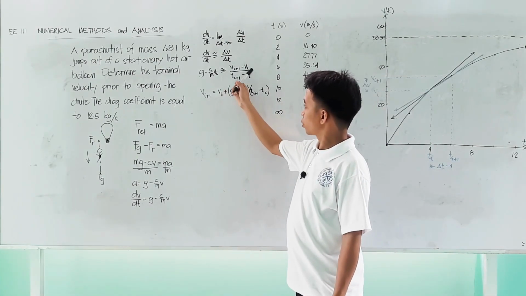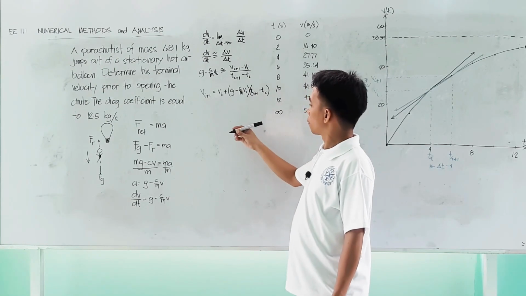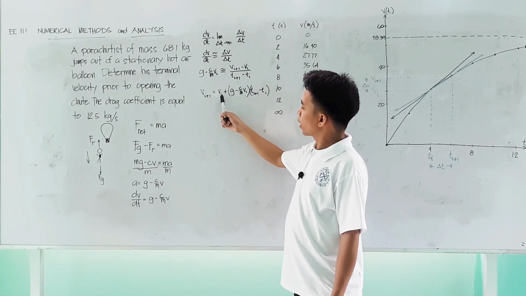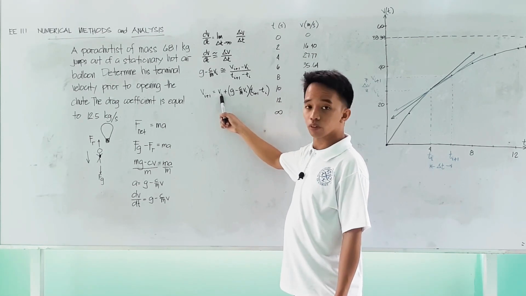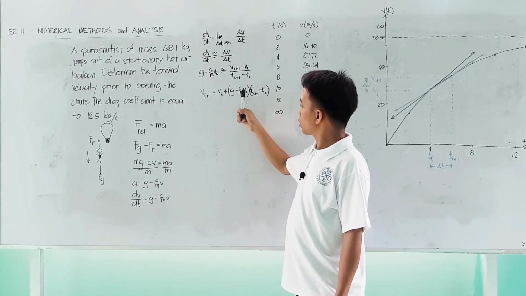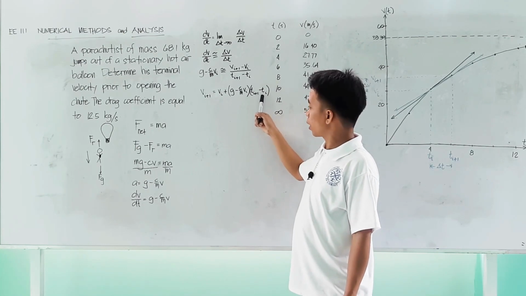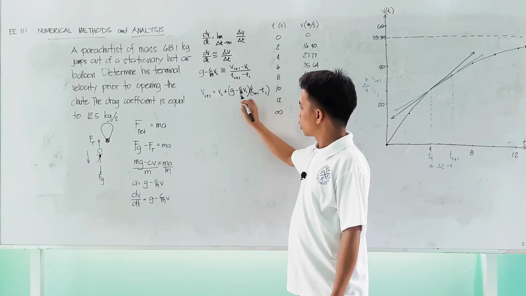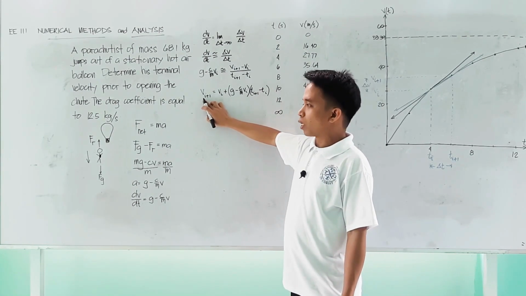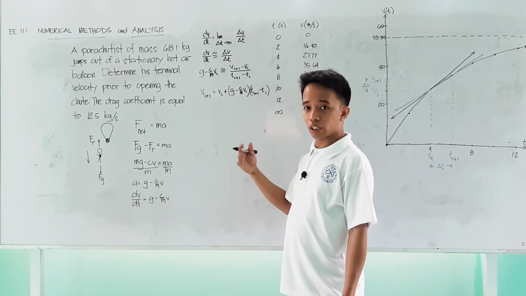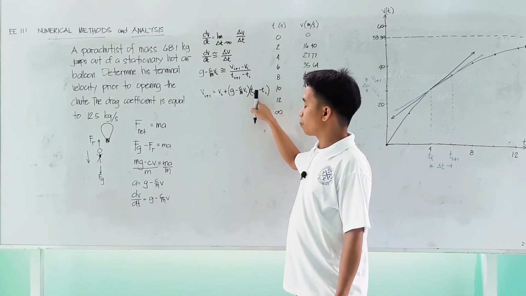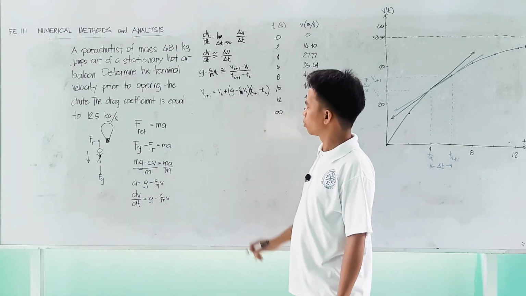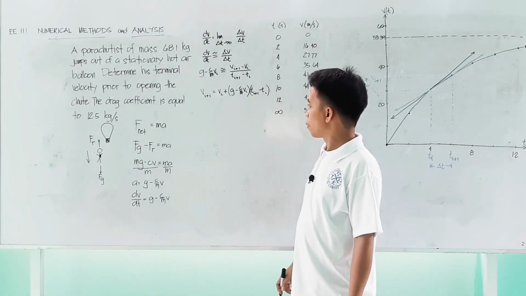So I just rearrange terms. By this you can see that if we have the initial value of our v at time i, then we can determine the velocity at a later time i plus 1 just by having the initial values.